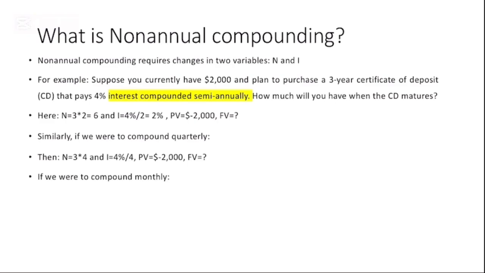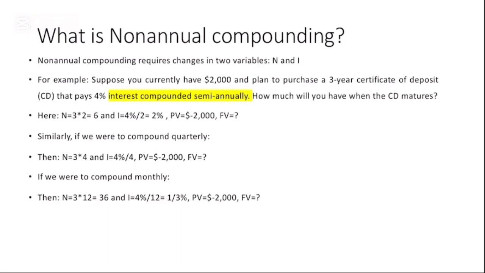Now using the same question but compounding it monthly, for the adjusted N, we will multiply the 3-year certificate of deposit by 12, since there are 12 months in a year, and we will have N as 36. For the interest rate, we will divide the nominal interest rate 4% by 12, and this is our adjusted interest rate. The present value is the same.